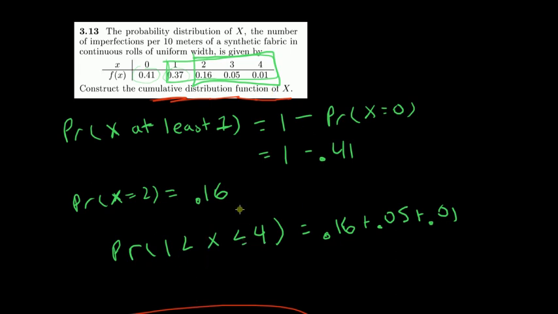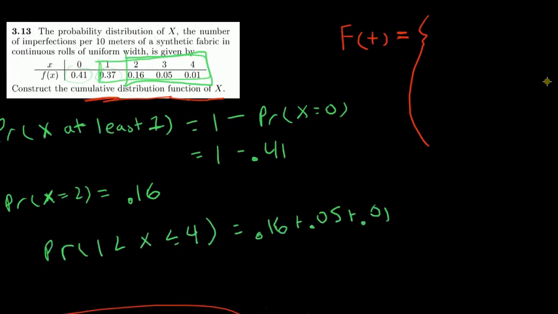Okay. So now let's say we're trying to construct the CDF, the cumulative distribution function. How would we do that? I can do this by doing sums. All right, so let me go ahead and move my screen over a little bit. So starting with t less than 0.